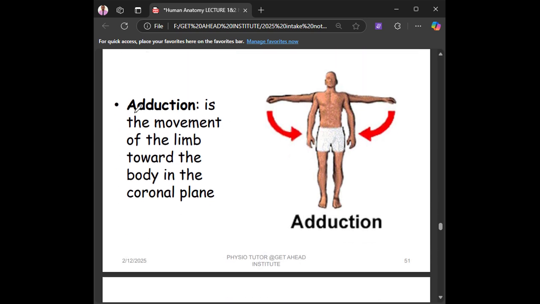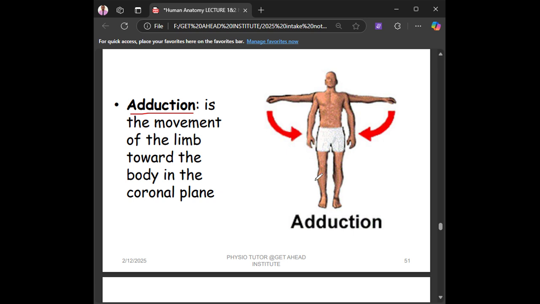Then now let's talk about adduction. Adduction is the movement of the limbs towards the body in the coronal plane. It can either be the upper limbs that are taking part in the adduction, or it can be the lower limbs.